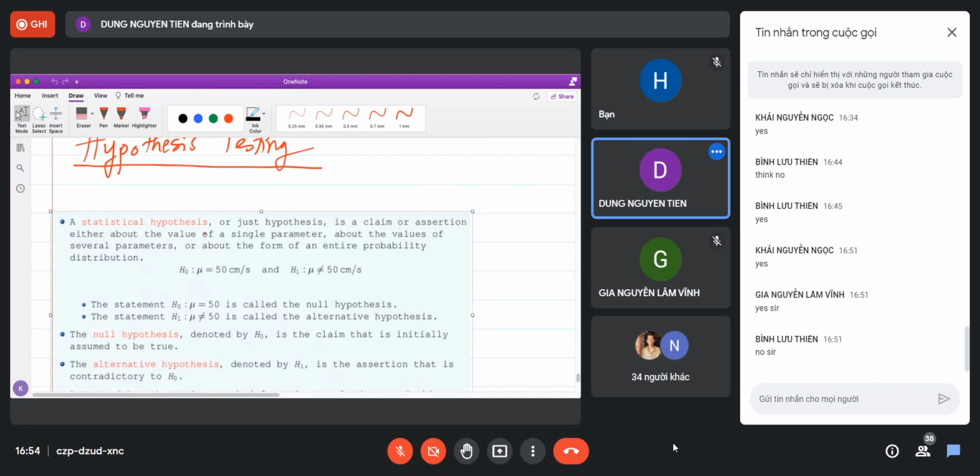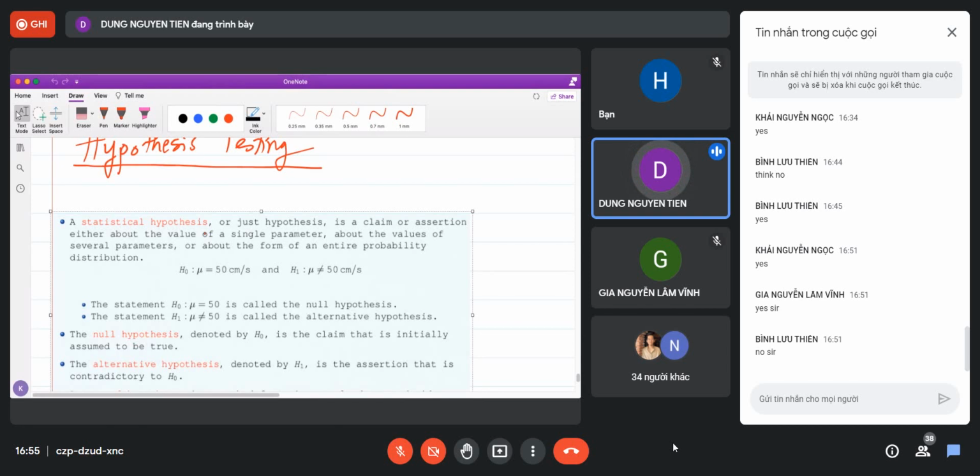There are two kinds of hypotheses we have to deal with in this chapter: the null hypothesis and the alternative hypothesis. The null hypothesis, denoted by H0, is the claim that is initially assumed to be true.